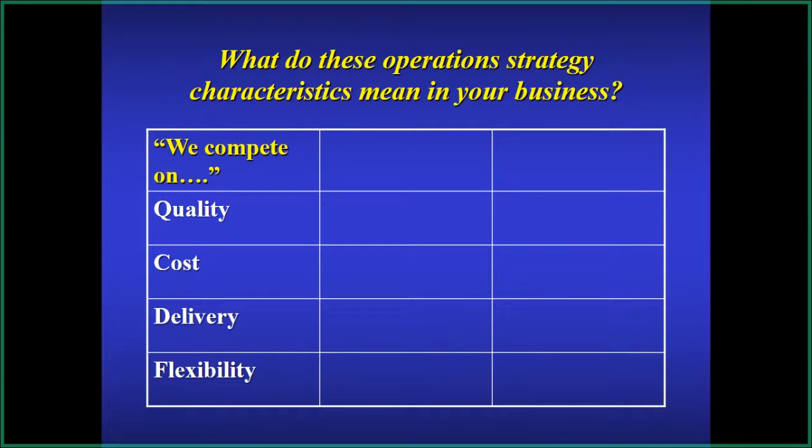Now, here's what you need to know about the 4 dimensions. You can't be number one at all four. It just has never happened. Okay. And there's been probably 500 studies by operations management academics, serious research, and nobody has ever found a company that was good on all four.